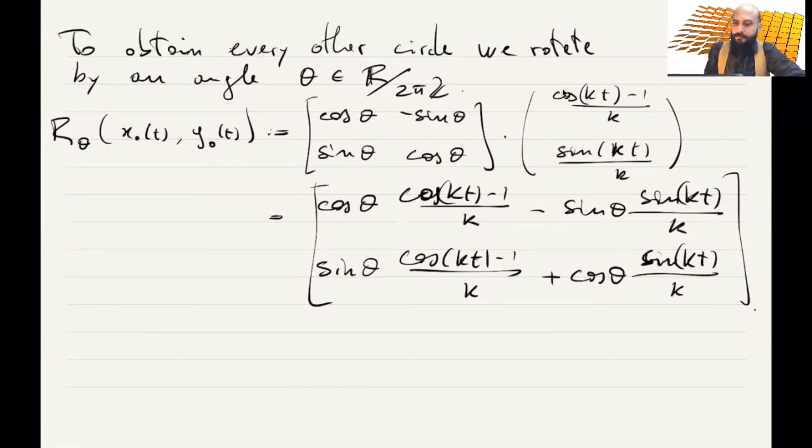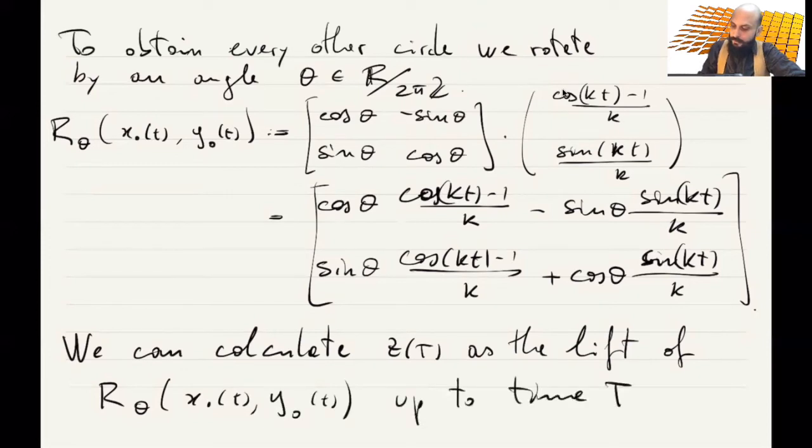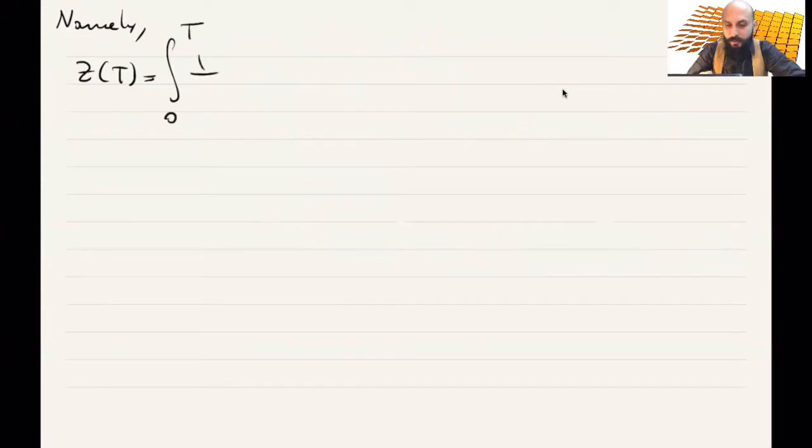Okay, so we can calculate Z(T), let's make capital T, Z(T) as the lift of R theta of x0(t), y0(t) up to time T. The formula tells us, namely, Z(T) was the integral from 0 to T of 1/2 times x(t) y dot(t) minus, let's put it y first, y(t) x dot(t) dt.